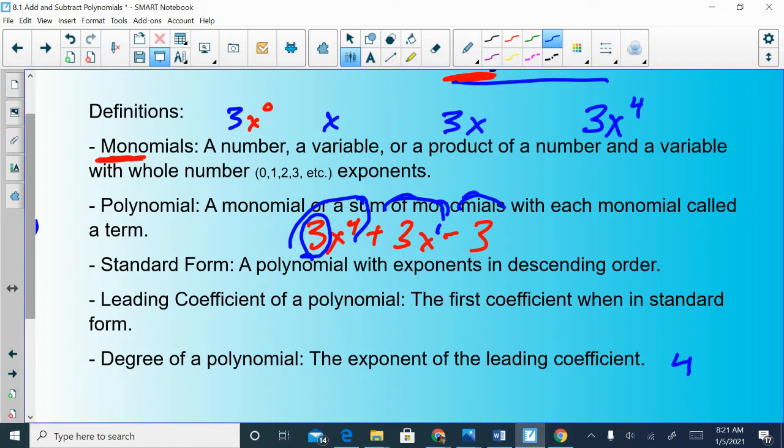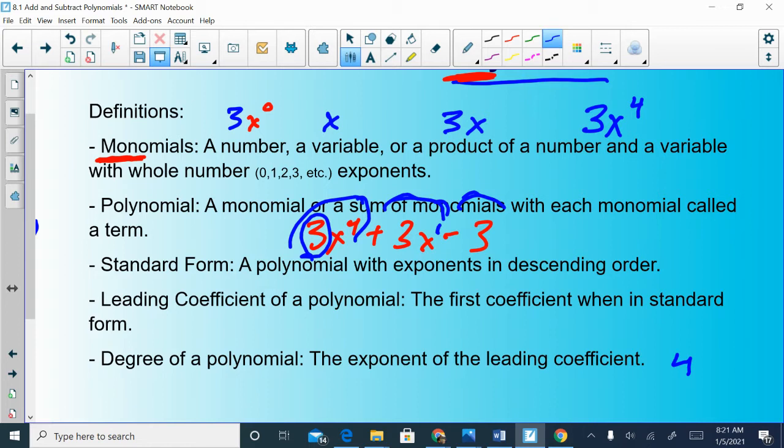So make sure you understand these. Once again, a monomial is a number like 3, a variable like x, or multiplying them together. And oftentimes our x is going to have whole number exponents, like 0, 1, 2, or 3. Notice it cannot be a fraction exponent. It cannot be a negative exponent. Those would not be considered monomials.